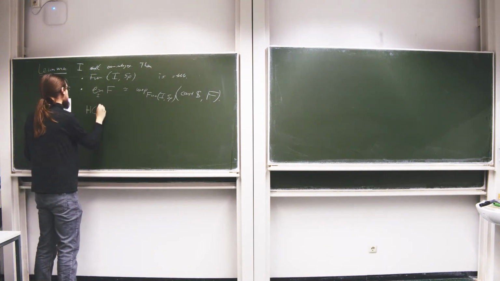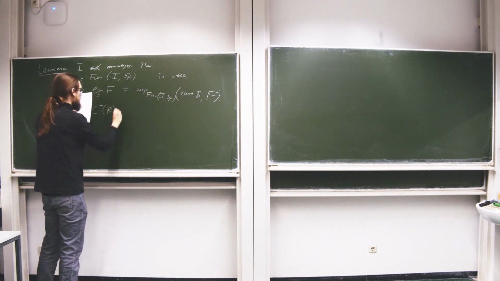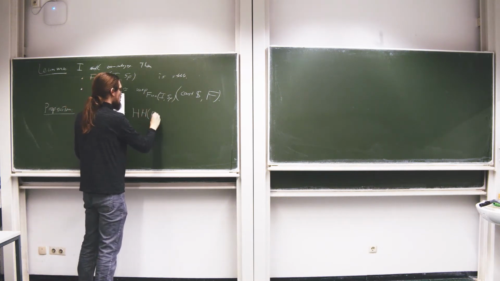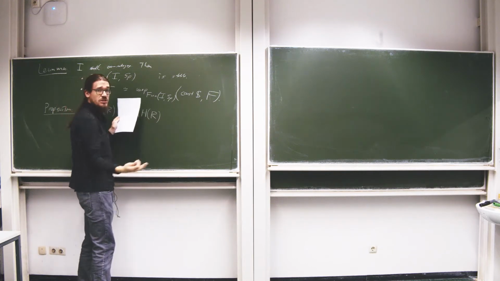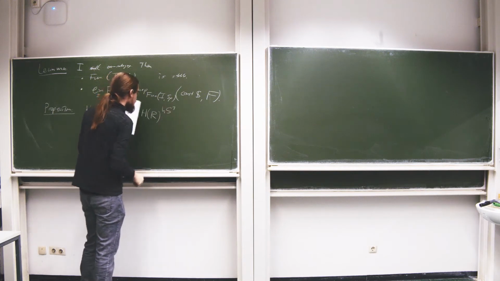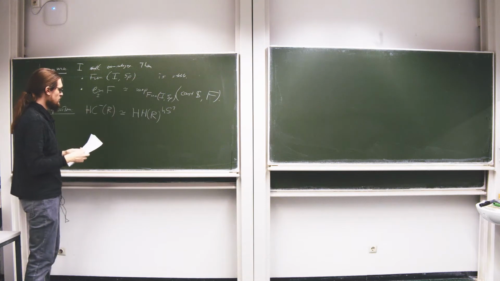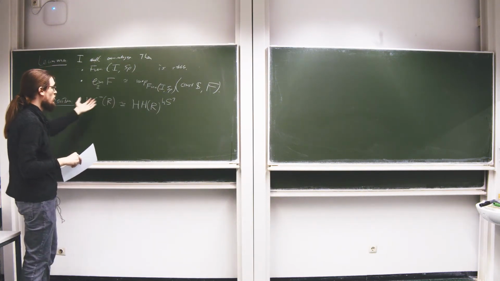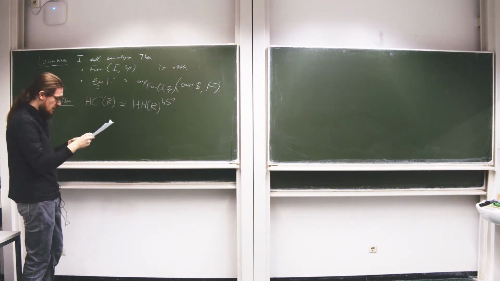So the analogous statement here is that HC minus, as we defined it previously, is equivalent to just taking Hochschild homology as an object, or the Hochschild complex as an object of the derived category, which is also stable, by the way, and taking homotopy fixed points on that. So in other words, we get HC minus from HH in the same way that we define TC minus from THH.